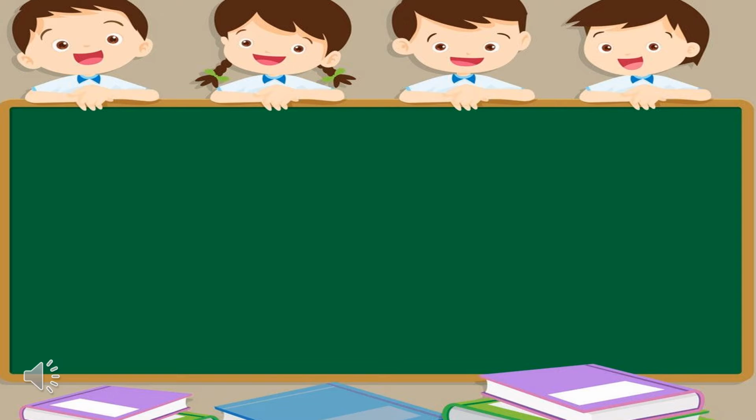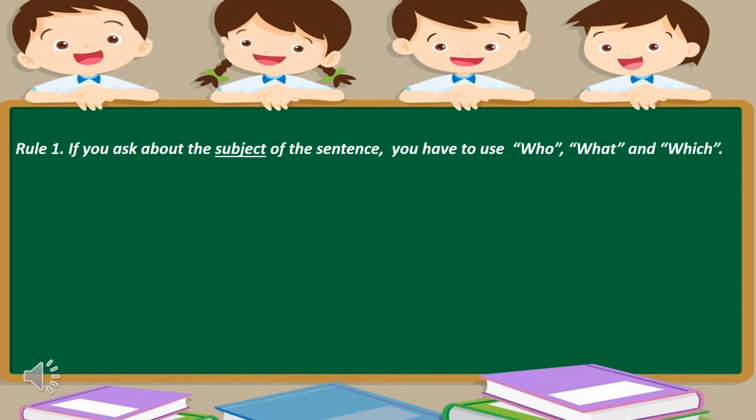Now, when we are going to form a WH question, we have to remember two rules. Today we are going to learn about rule number 1. Rule number 1 says, if you ask about the subject of the sentence, you have to use who, what, and which. That means we all know that a sentence has two parts.